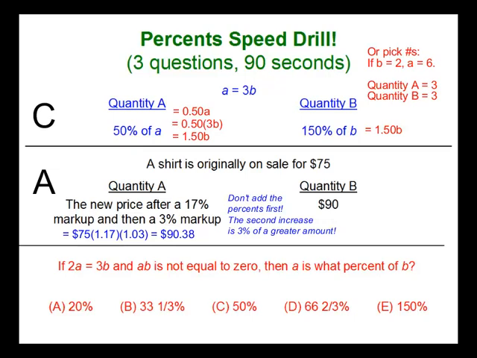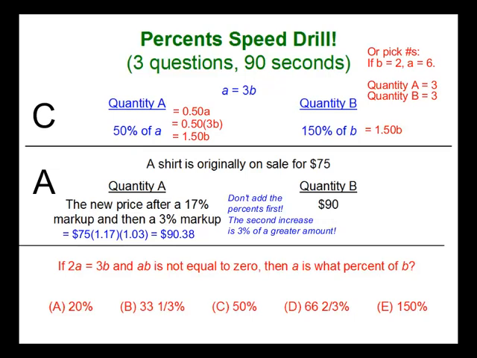That would be valid if you marked up 17% from $75 and then added another 3% of $75. But the 3% is actually an increase on whatever the intermediate price is. So what you do is multiply by 1.17 and 1.03 for those markups, and you end up at a price slightly over $90.